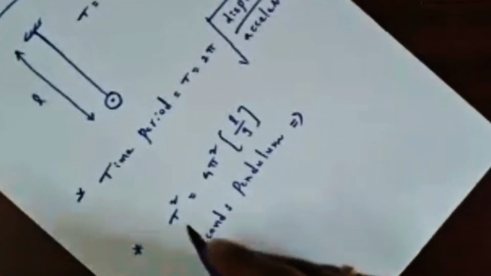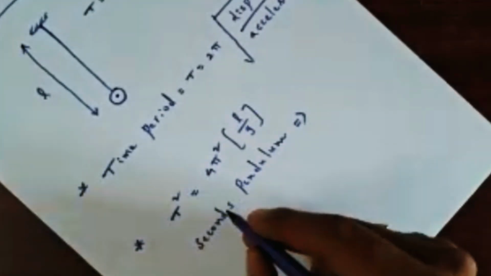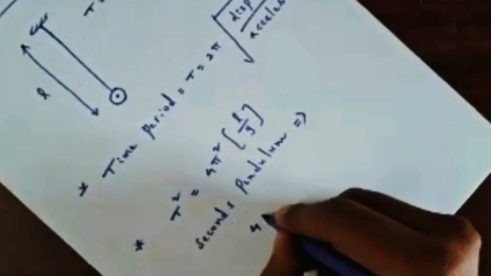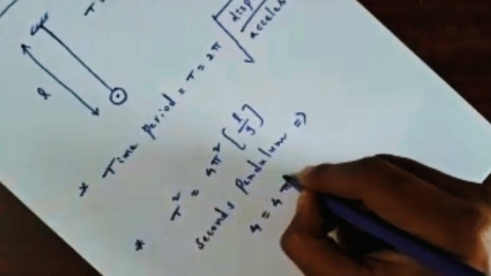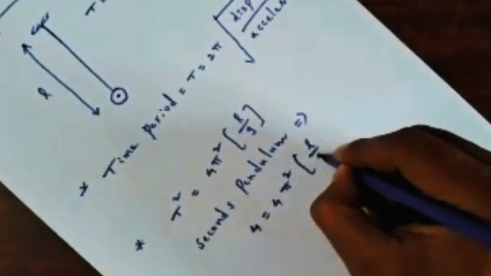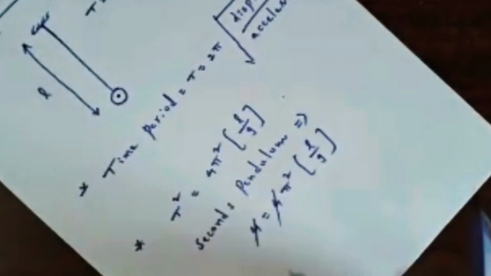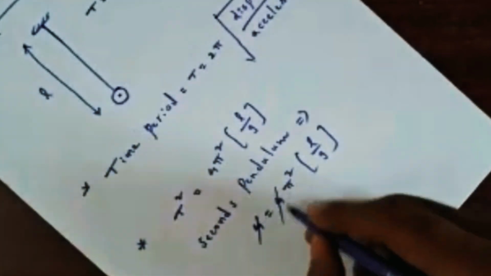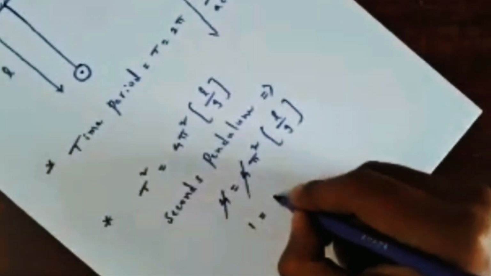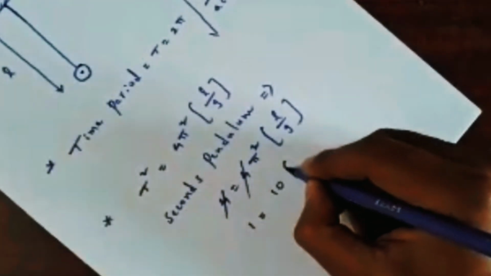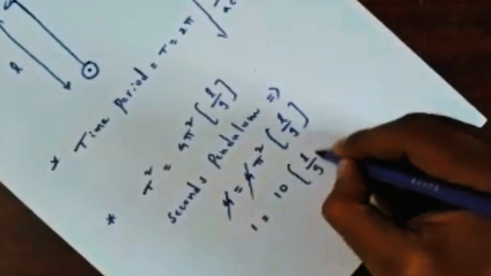So T square is 2 square, which is 4 equal to 4 pi square L by g. 4 gets cancelled. Now here 1 is equal to pi square L by g, and pi square is approximately equal to 10.